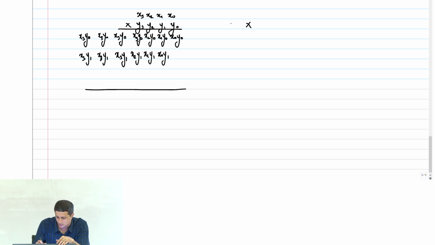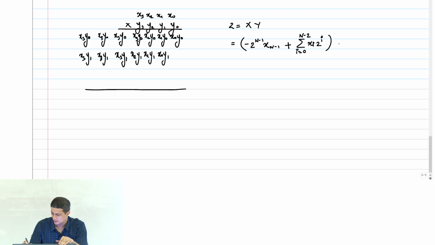I want to do z equal to x into y. Okay, what is this? This is nothing but minus 2^(n-1) x_(n-1) plus summation i equal to 0 to n-2 of x_i 2^i, multiplied by minus 2^(n-1) y_(n-1) plus summation j equals 0 to n-2 of y_j 2^j.